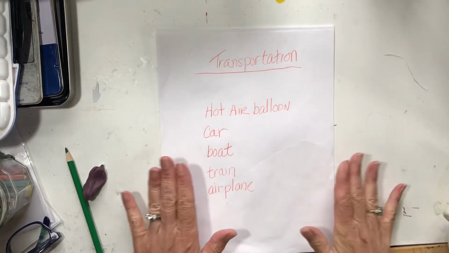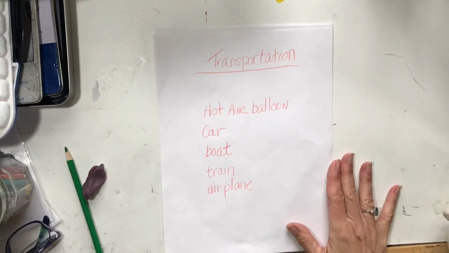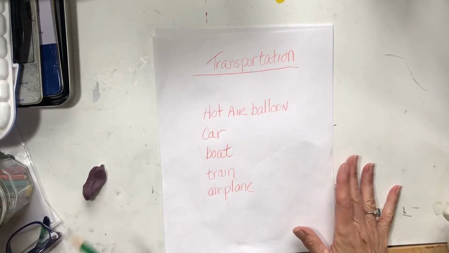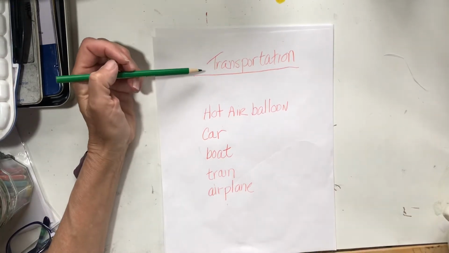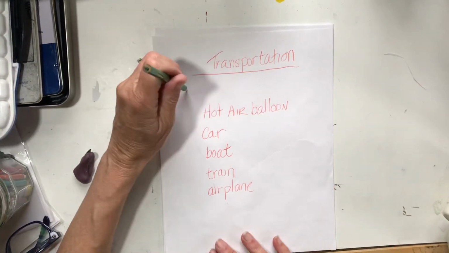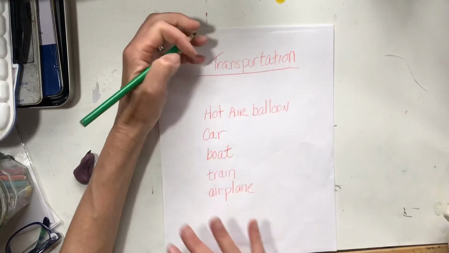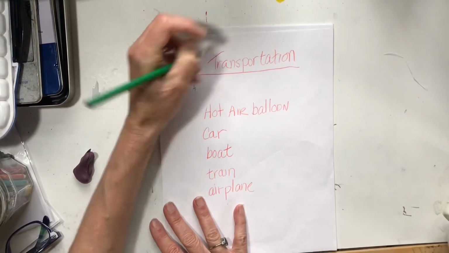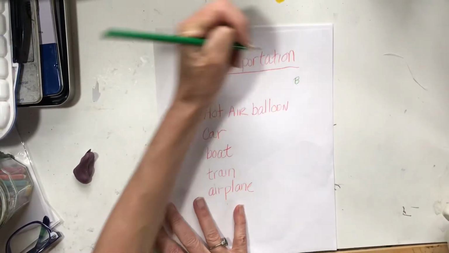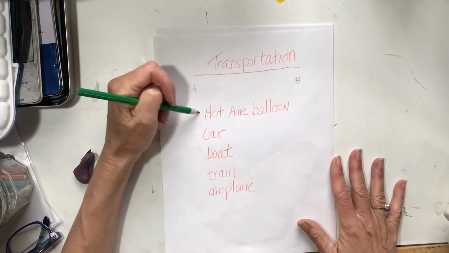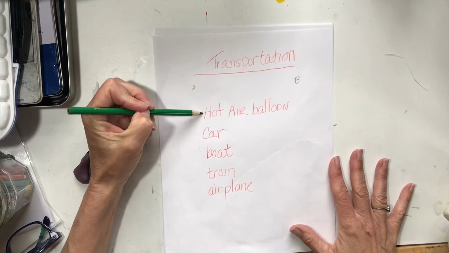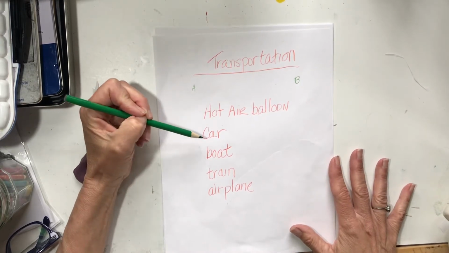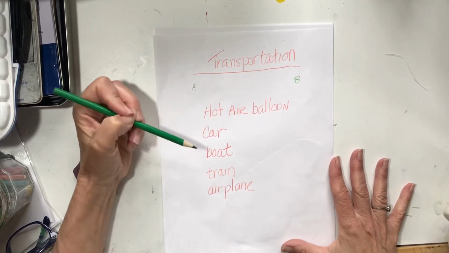So, this week's theme is Transportation Week. We are going to draw lots of things that involve transportation. And transportation is the way you get from point A to point B. So here's A and here's B. Some of the things that we're going to use possibly is a hot air balloon, a car maybe, a boat.